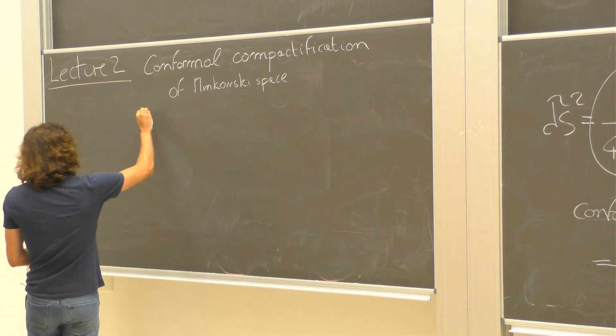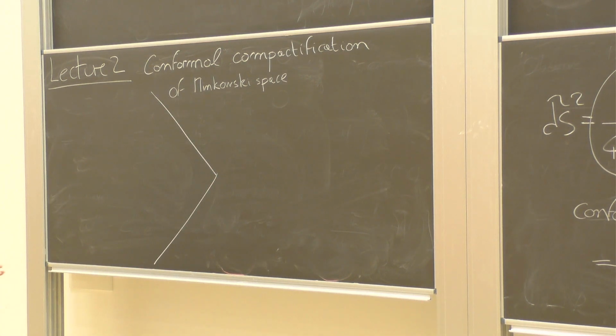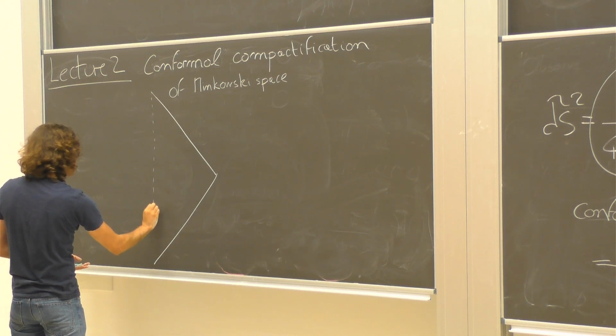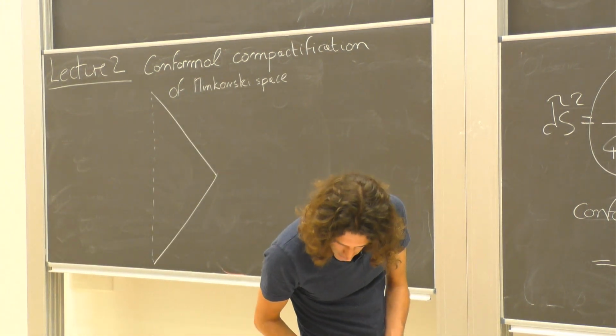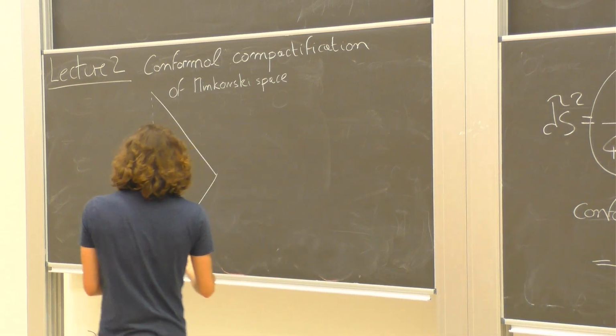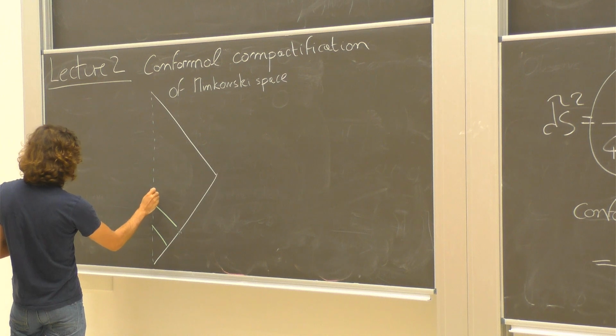So we are going to have a diamond. I'm sure you've all seen this conformal picture of Minkowski space many times. The way I define it is that in green, I'm going to draw surfaces of constant v.